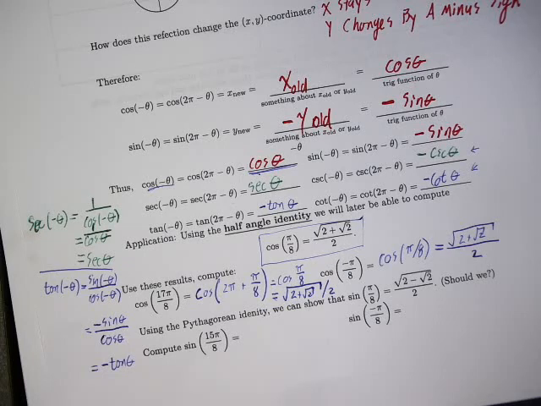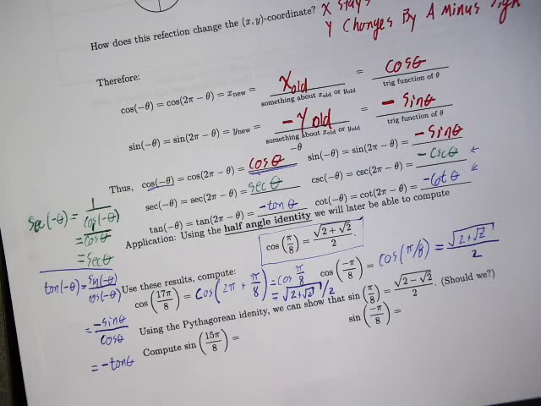I can distribute that negative sign, and then I'll get 4 minus 2 is 2, and this just has a negative sign in front of it. So what I'll have is sine of pi over 8 squared is equal to 2 minus the square root of 2, all over 4. And I don't think I can simplify the right-hand side any further.